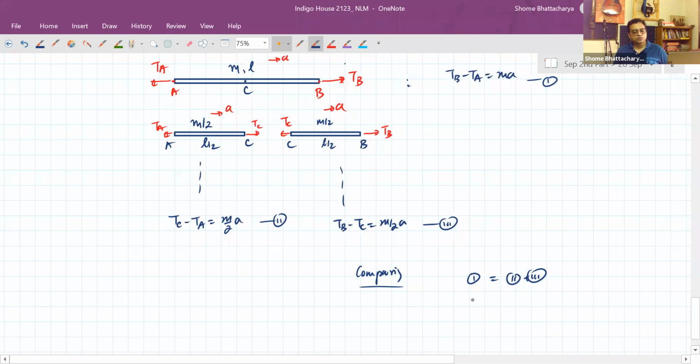So TB minus TA is equal to TC minus TA plus TB minus TC. But also, you'll be able to compare and show that tension at the point C will be the arithmetic mean of the tension at the two ends.